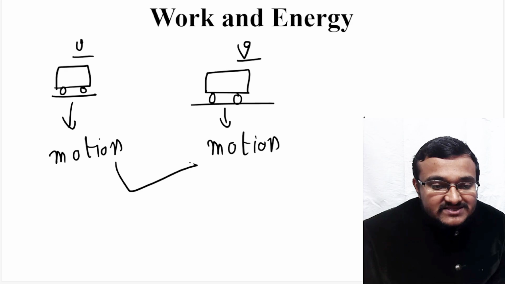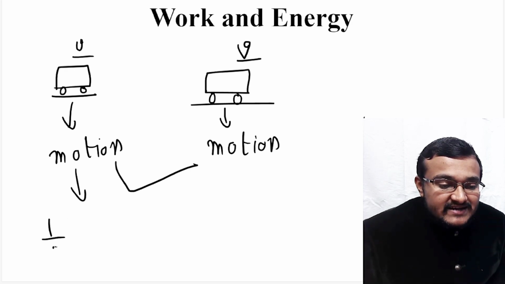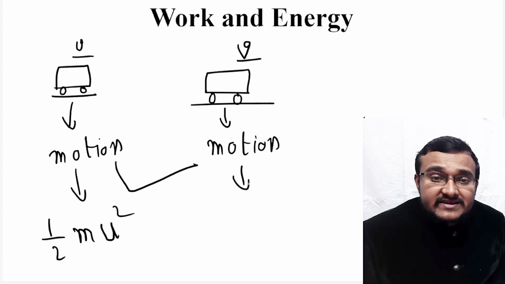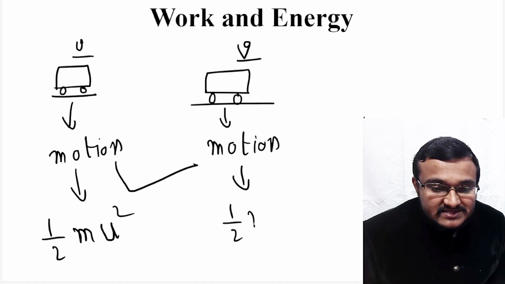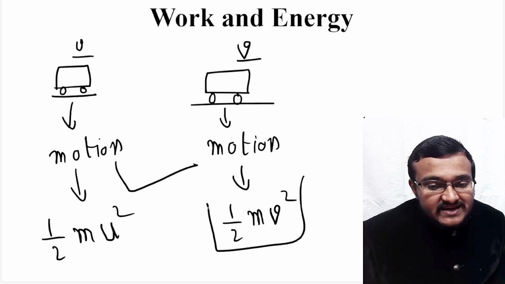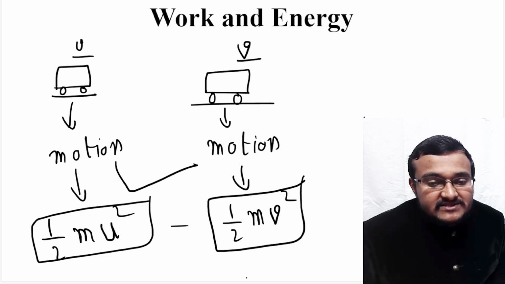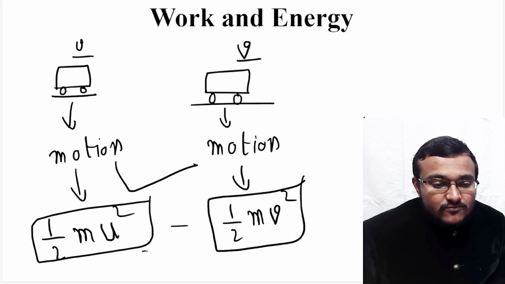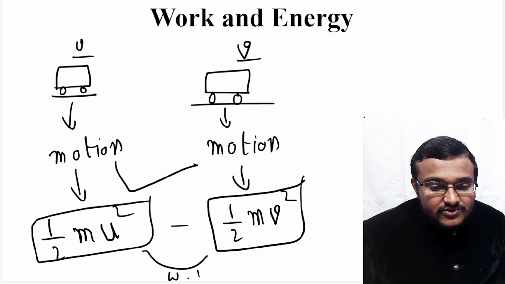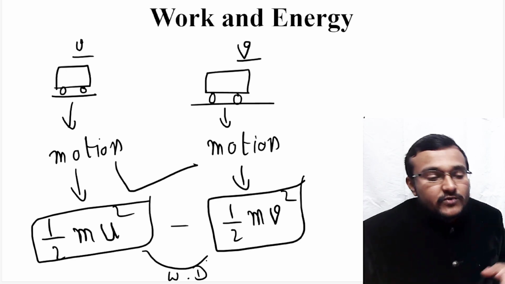Because in both the cases it is in motion, here certain amount of kinetic energy is there, that is half m u square, and here also certain amount of kinetic energy is there, that is half m v square. So if you take the difference of these two kinetic energies, you will get the work done.